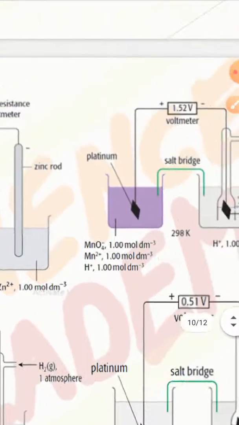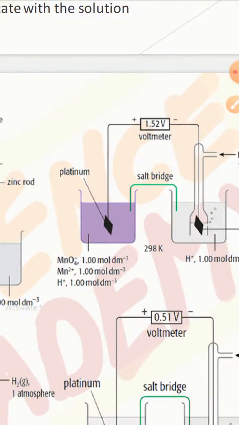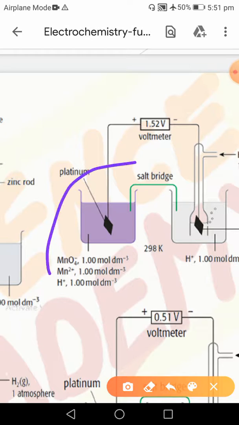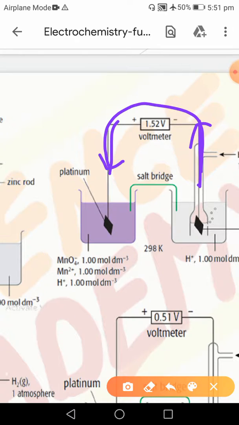So what would happen? This side of the half cell has got a more positive electrode potential value, so this side would gain electrons, that means be reduced, and the other side would lose electrons. So electrons would flow from this side to that side.